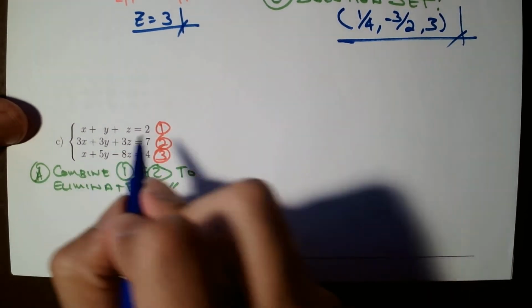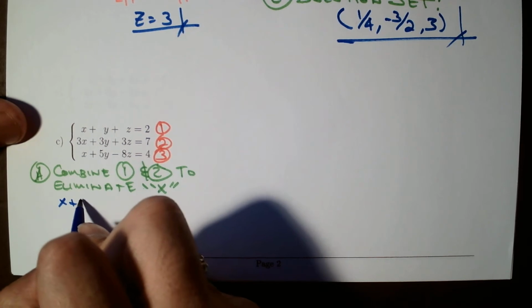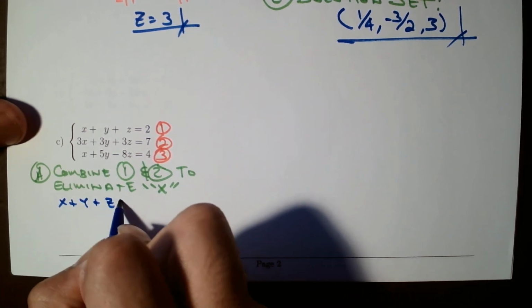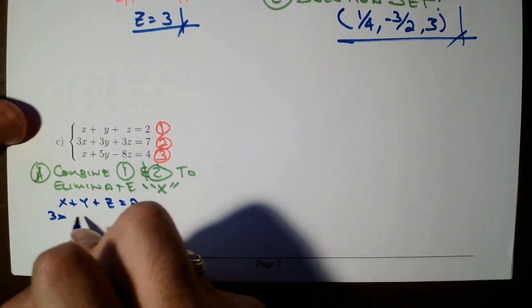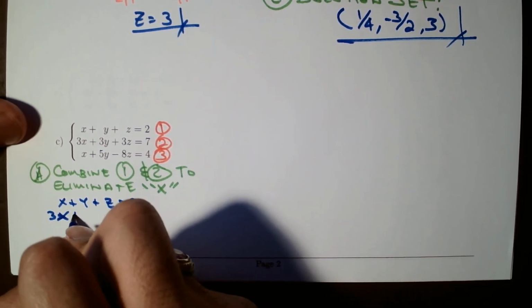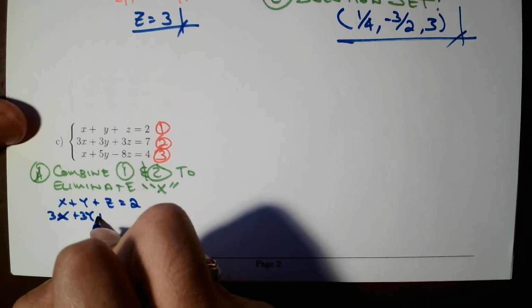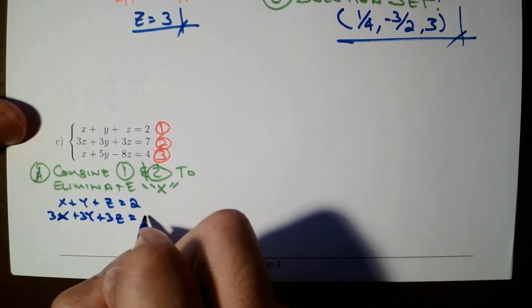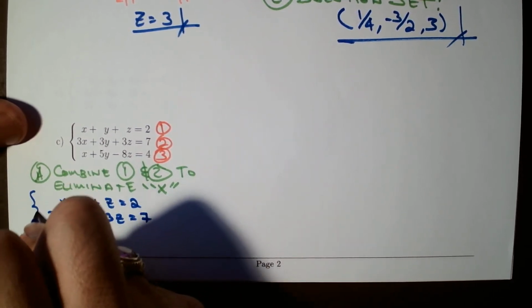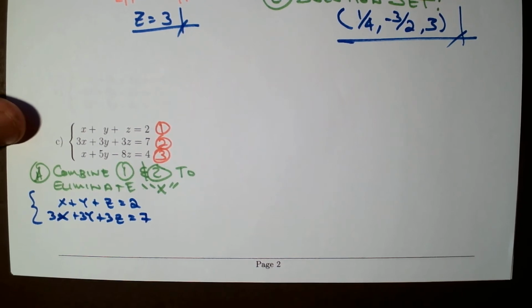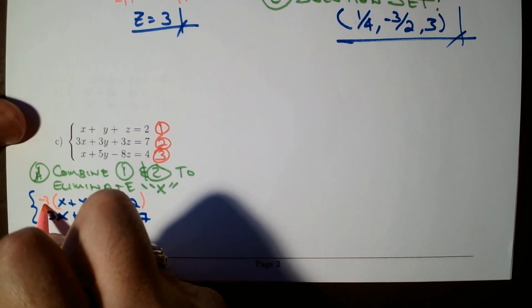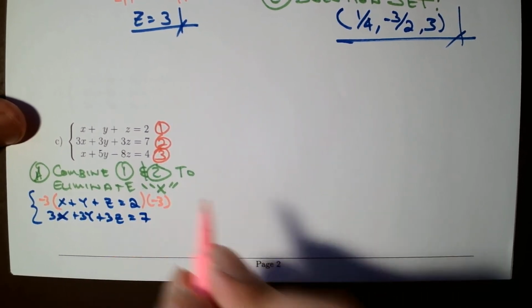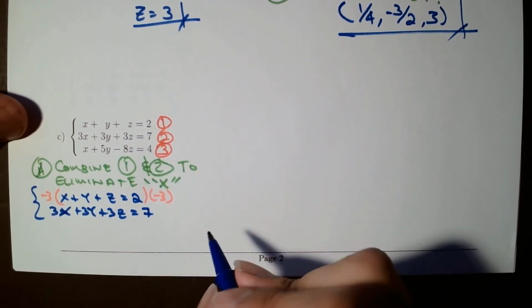All right, so I'm going to copy those two equations: x plus y plus z equals 2, and 3x plus 3y plus 3z equals 7. We need to multiply the first equation by -3 on both sides, and I'm going to rewrite the equation.